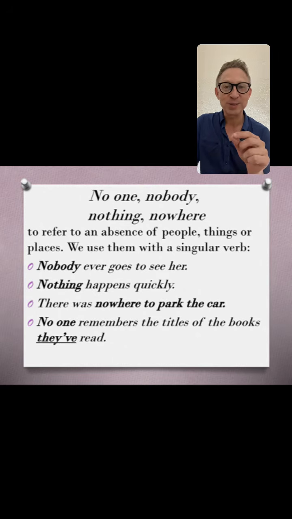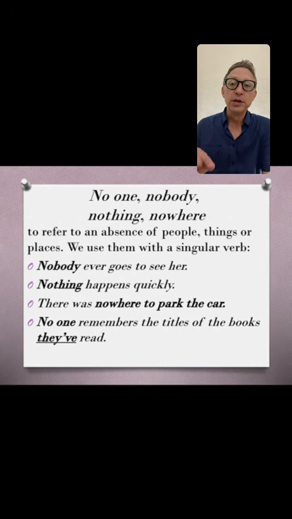And watch this. Do you remember when we had they as the pronoun? It works exactly the same with these four here. No, or at least with no one and nobody. No one remembers the titles of the books they've read. They've read. So it's a singular subject with a singular verb with a plural pronoun.